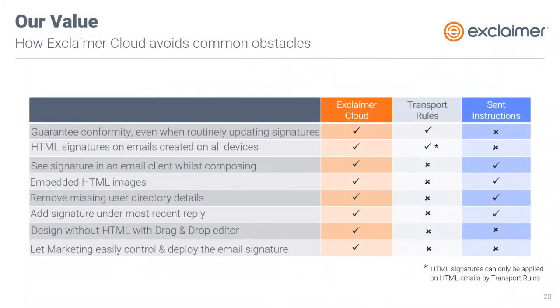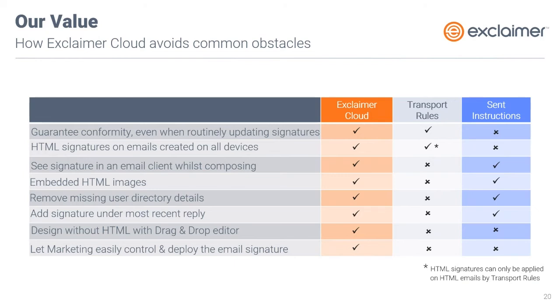So, in summary, some of the common obstacles that we see really rely on where we're trying to apply that signature. Is that going to be happening at the server level in the transport rules, or are we going to be doing it in the email client itself? And that's what that sent instructions column represents there. You can see in this table that in the transport rules, there are a number of little bugbears. Things like only being able to host HTML images.